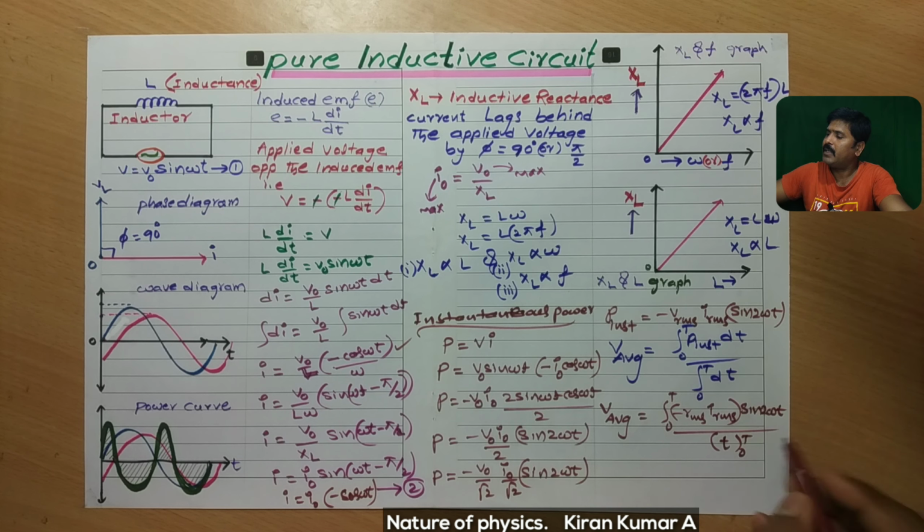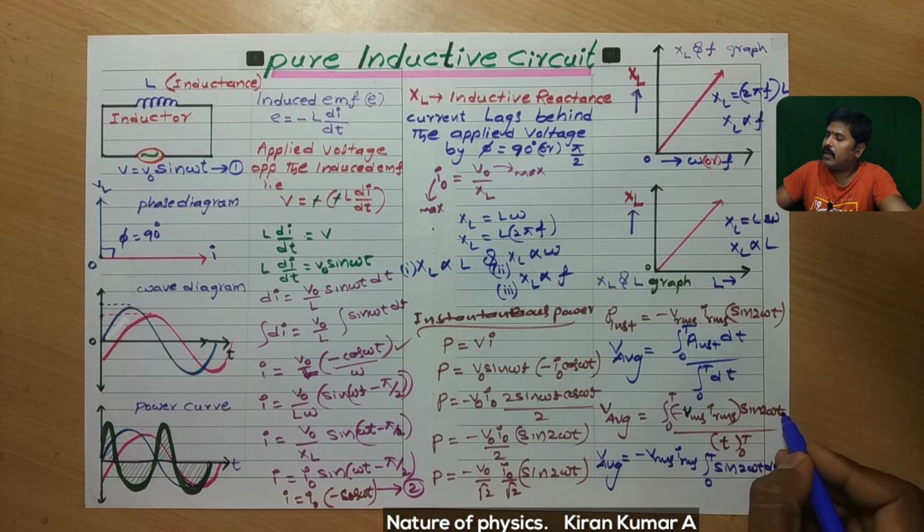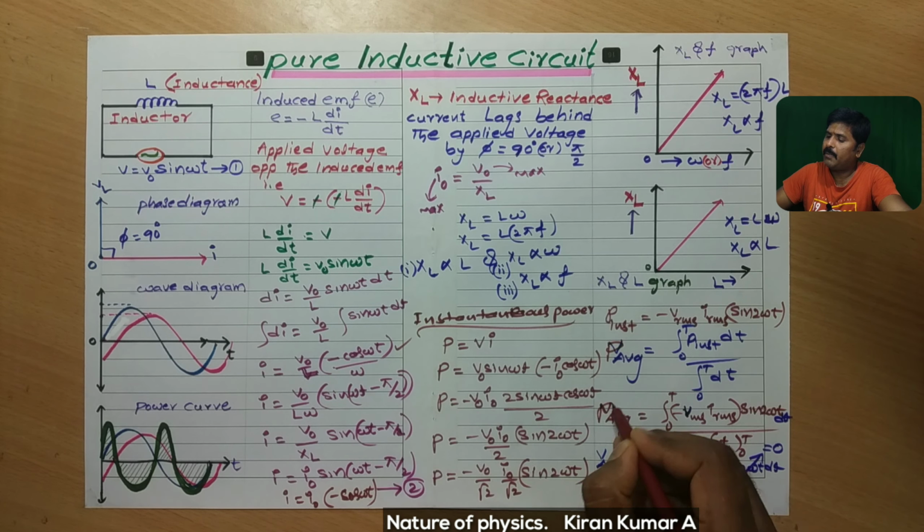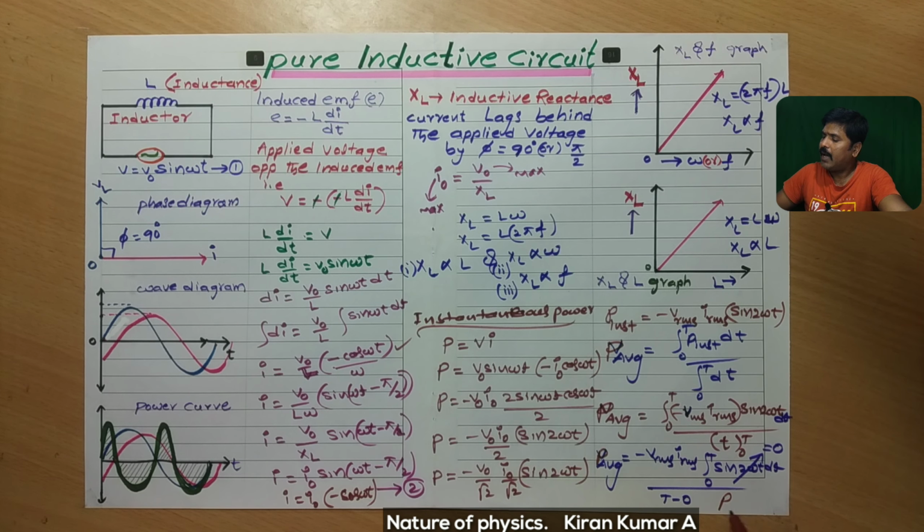Lower limit and upper limit are replaced. P average is equal to minus V RMS into I RMS, integral 0 to T of sin 2ωt dt, divided by T minus 0. This value should be 0, student, 0 into anything is 0. So finally we will get the power value, that is the average power. So P average is equal to, I am getting 0, student.